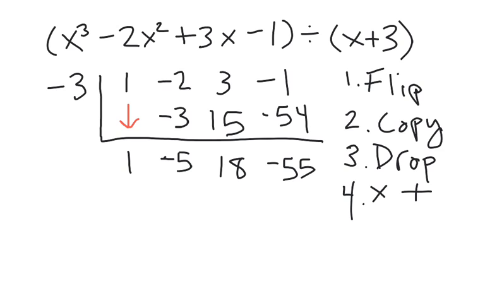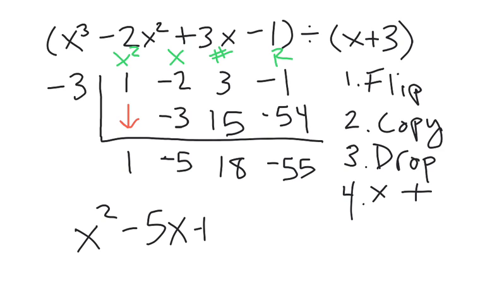And now remember, we're going to put our x squared, our x, our number, and our remainder. And then we just fill those gaps in. So I end up with 1x squared minus 5x plus 18.